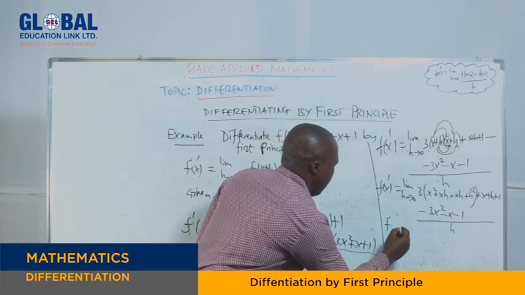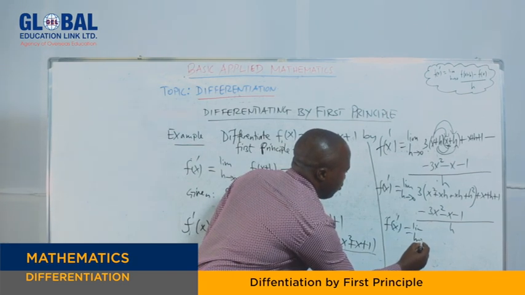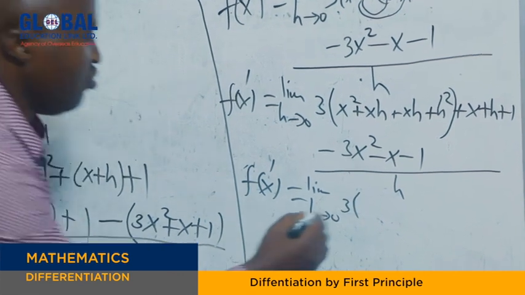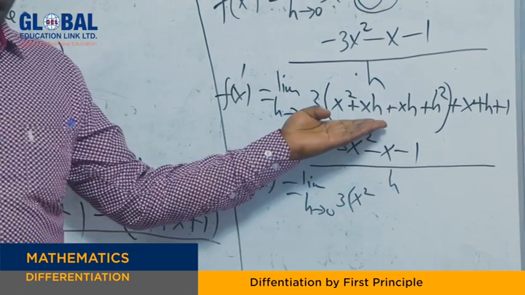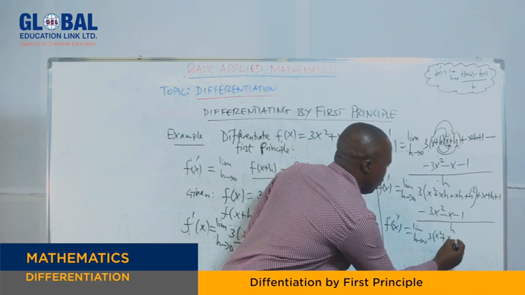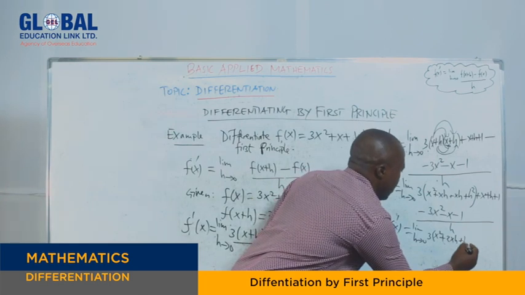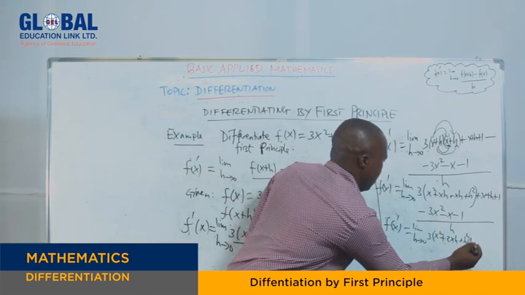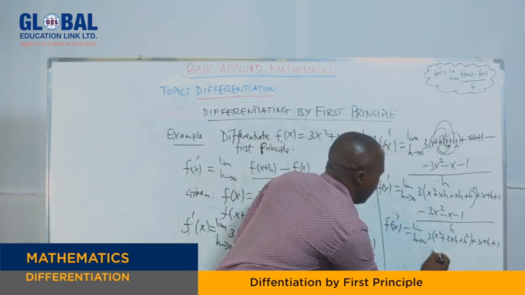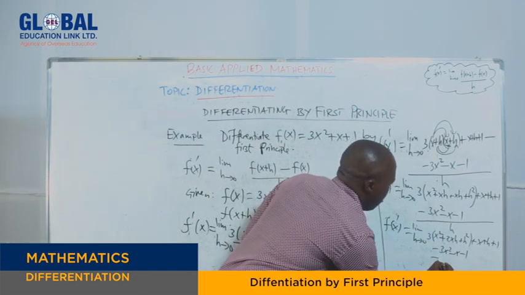So that is f of x dash is equal to the limit as h approaches 0, we are going to have 3 bracket of x squared, then we have xh plus xh, that is 2xh, then plus h squared, bracket of plus x plus h plus 1, and again minus 3x squared minus x minus 1 over h.